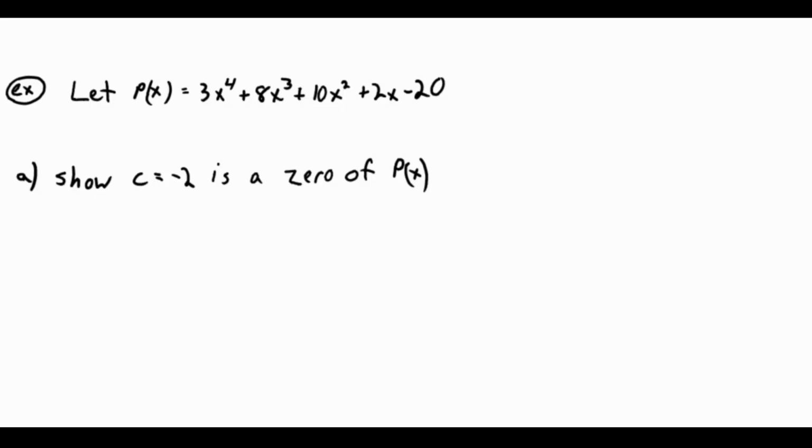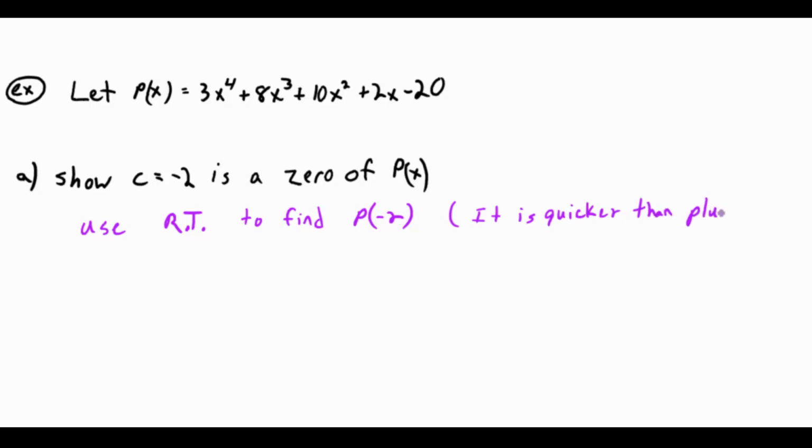So the point of this example is we're going to use the remainder theorem, RT, to find p of negative 2. It's quicker than plugging in directly.